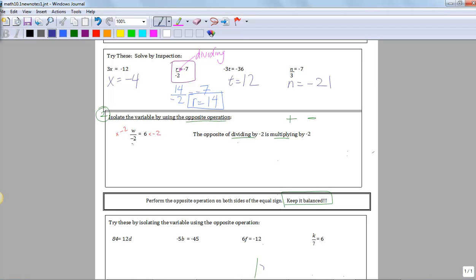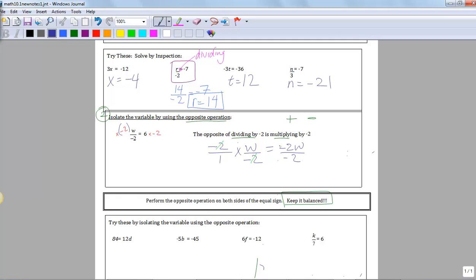Now, the reason this all works out is that if I'm multiplying by negative 2 on the left, it looks kind of like when we were talking about fractions. Remember that negative 2 is really negative 2 over 1. If I'm multiplying that by w over negative 2, here come our fraction rules. Remember that we could cancel within the question, or a lot of times people would cancel at the end.